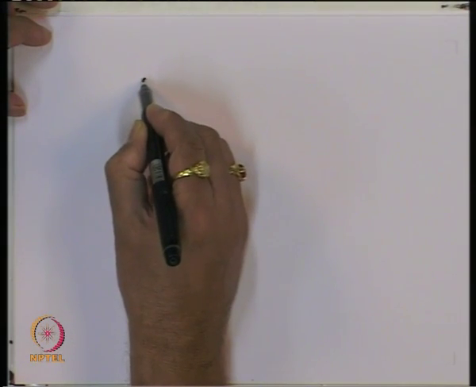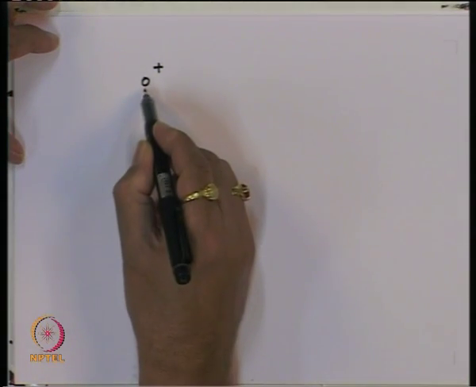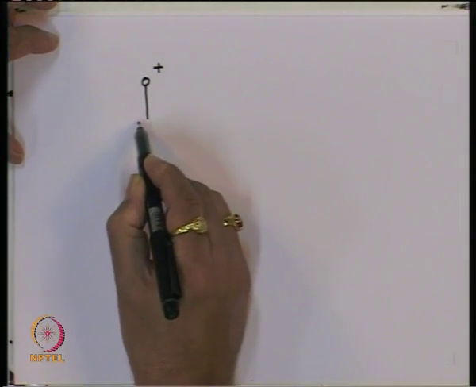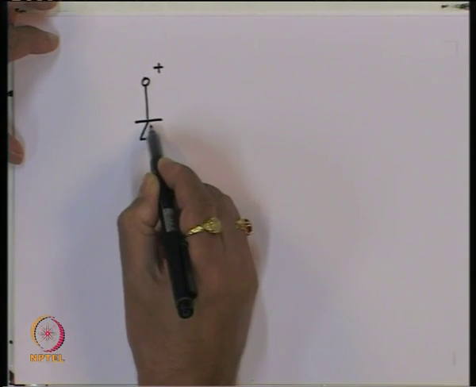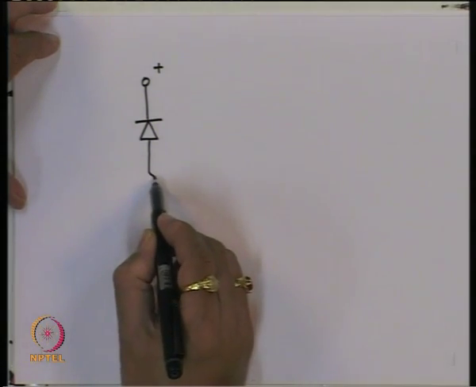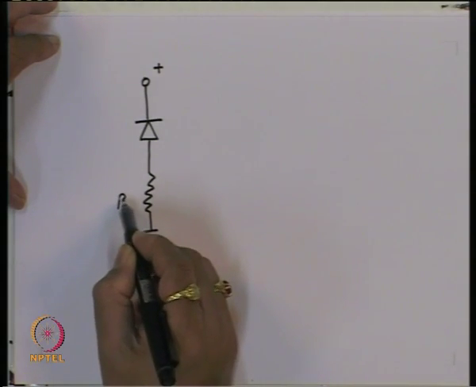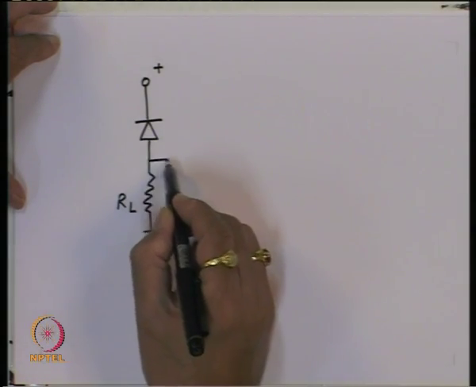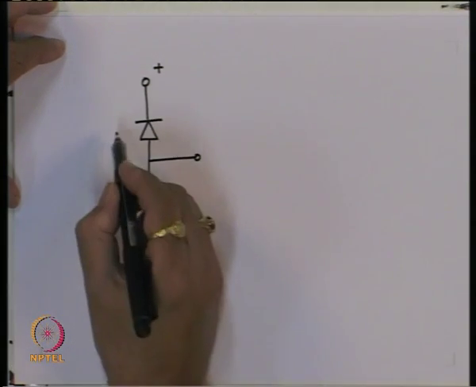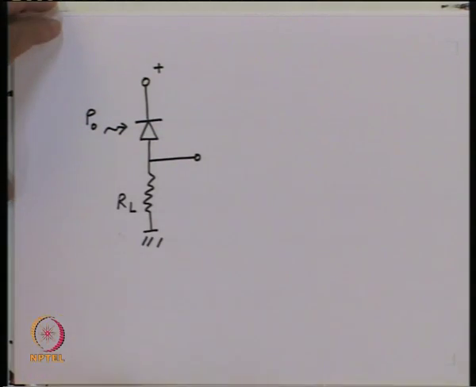So, schematically, if you want to show it, essentially we have a positive voltage source, you connect this to a photodetector, a photodiode, connected through a load resistance RL, and the voltage which you get here will be proportional to the optical power incident on the photodetector.